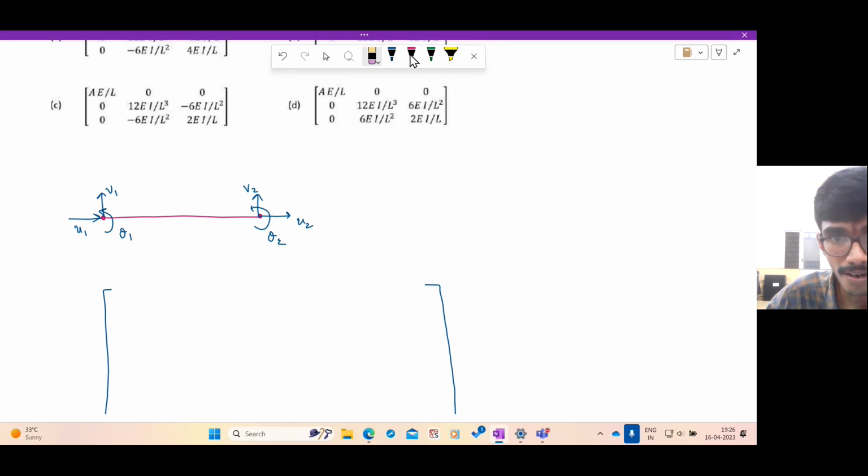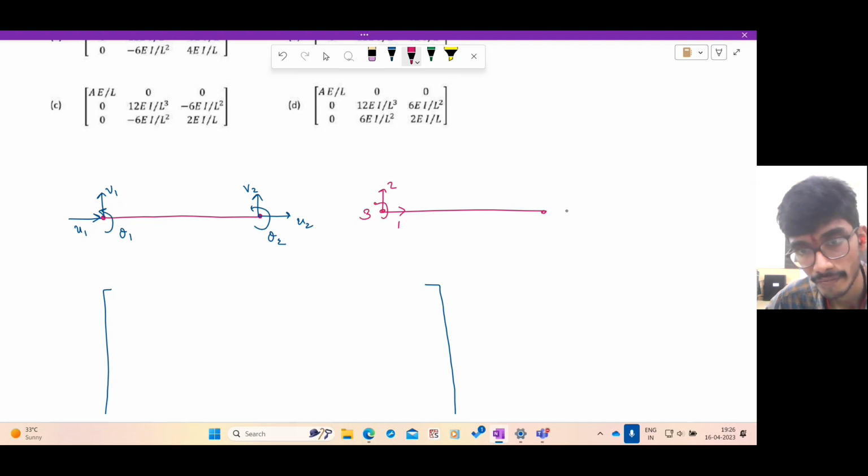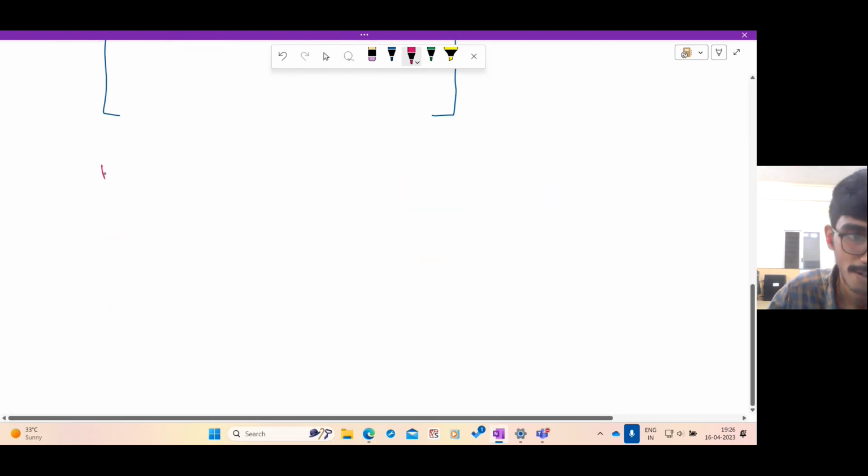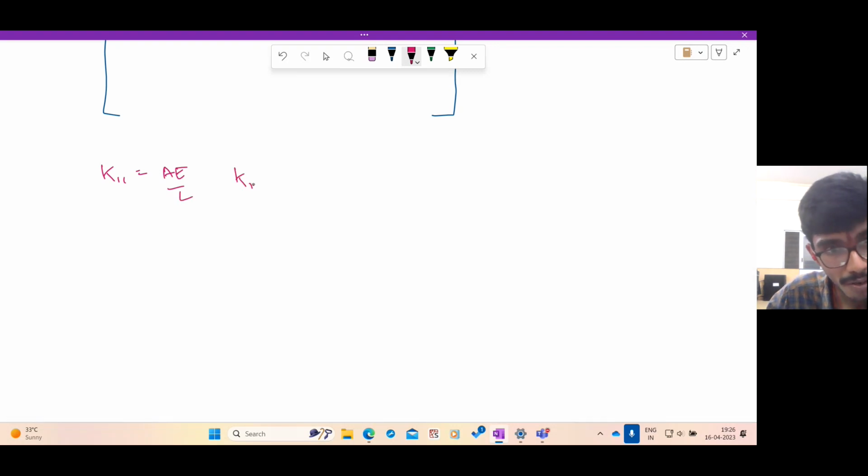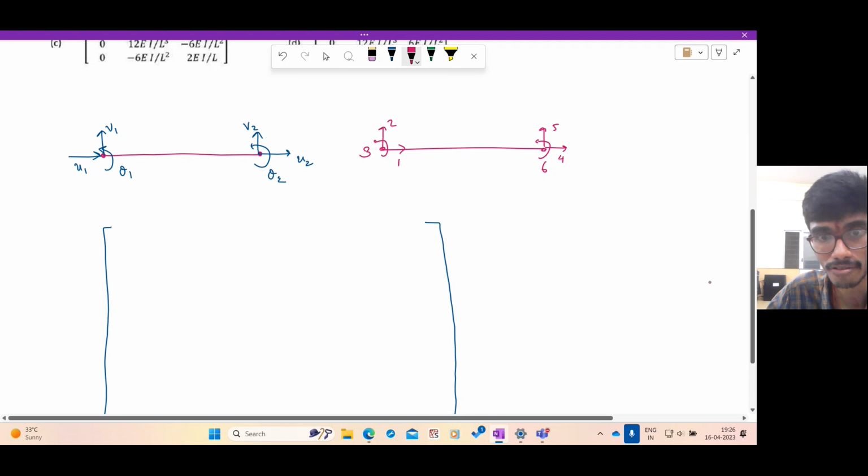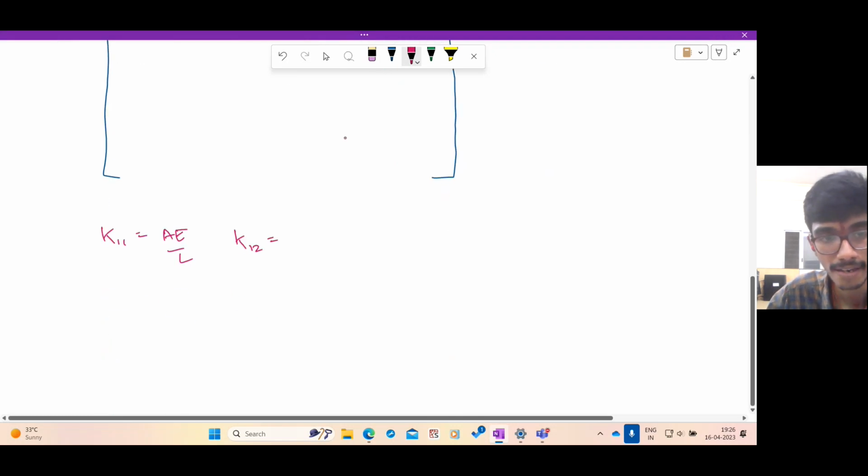So I can redraw these, let us number the degrees of freedom. So this is 1, 2, 3, 4, 5, 6. So what is K11? K11 is, we just saw, AE by L. K12 is 0 because there is no vertical force generated by horizontal displacement.